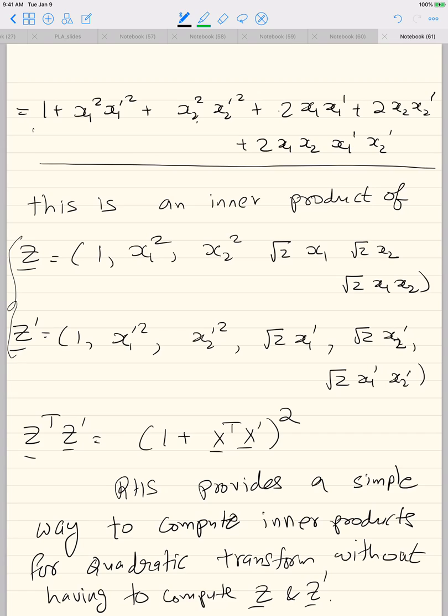We can directly compute the inner products from the x vectors themselves without having to compute the data vectors z and z prime first. And this actually has important consequences when we consider more complex transformations.